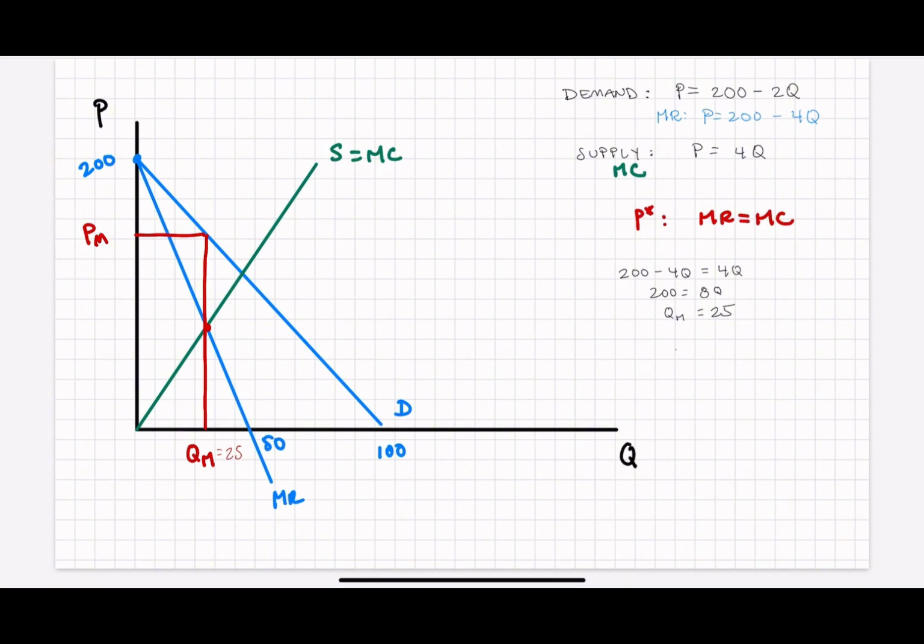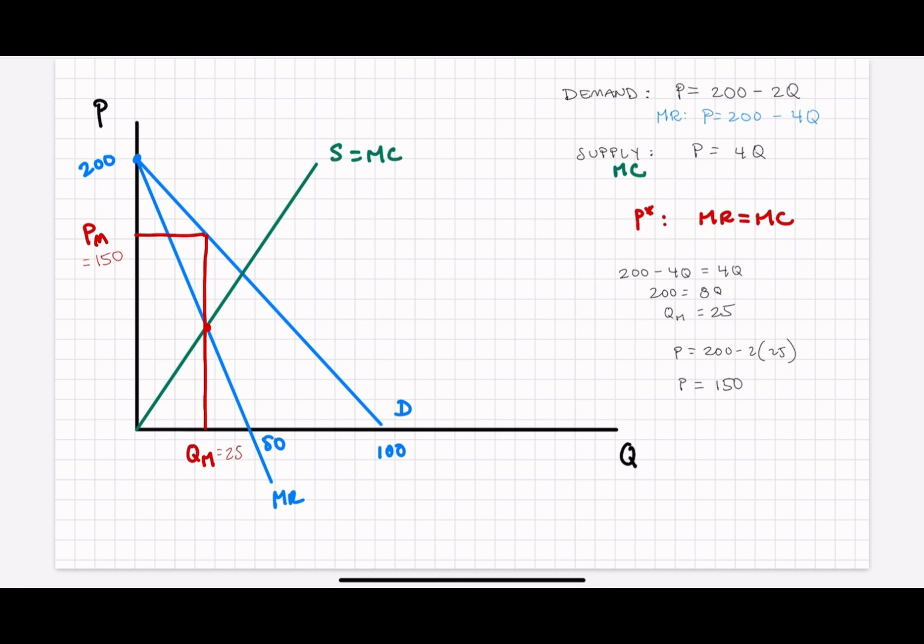So demand is P is equal to 200 minus 2 times 25. So P is equal to 200 minus 50, or 150. So this price here is equal to 150. And so that's how a monopolist chooses their price and quantity.